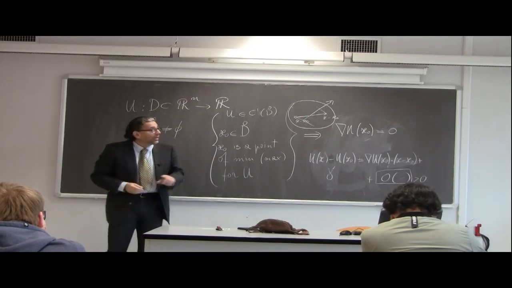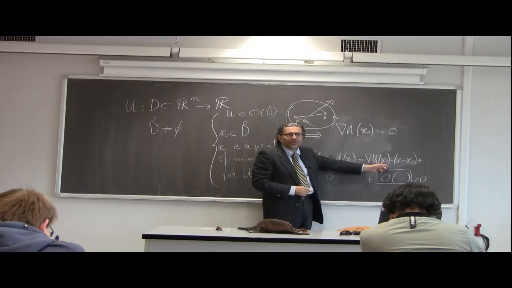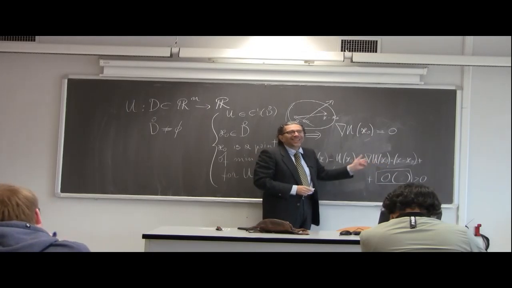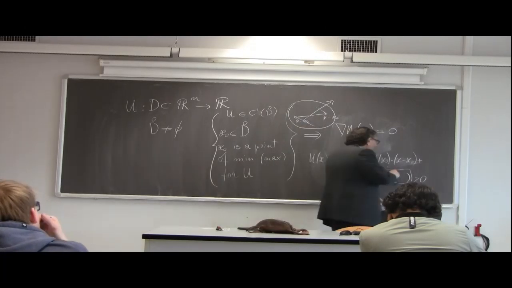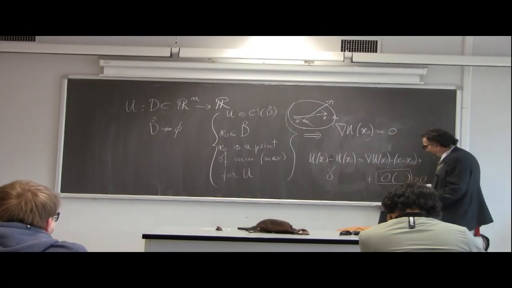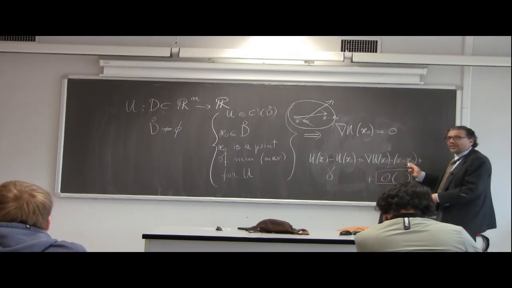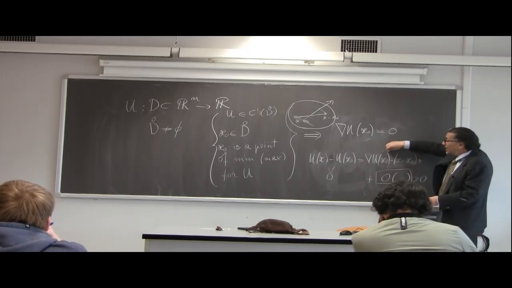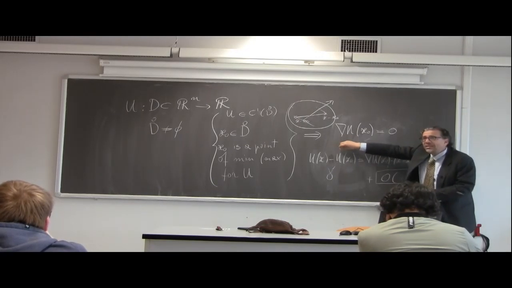So, if this quantity can be positive and negative, and as this is bigger than this when you go close to x0, then this term is dominant and can change the sign of this increment.